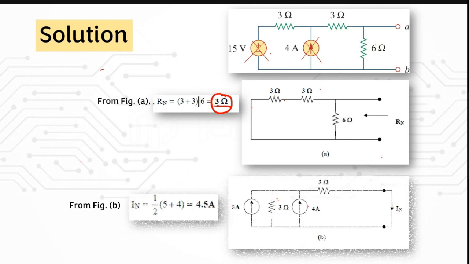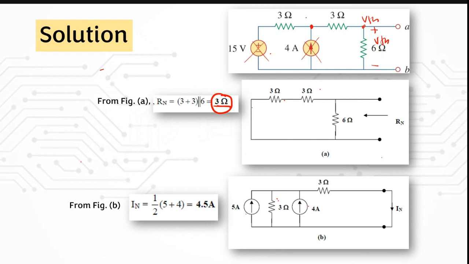After that, in order to calculate for IN, or you can calculate for the VTH. If you want to calculate for VTH, the VTH is here, or here, it is the same direction.